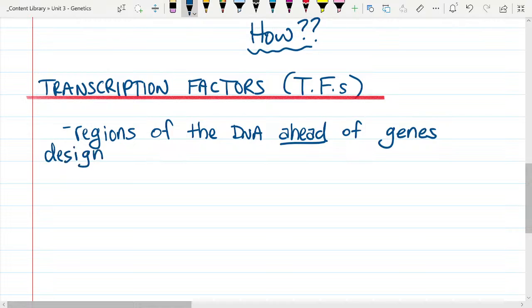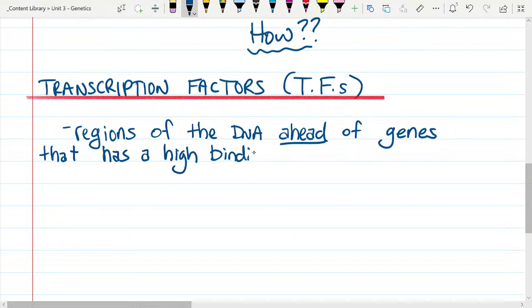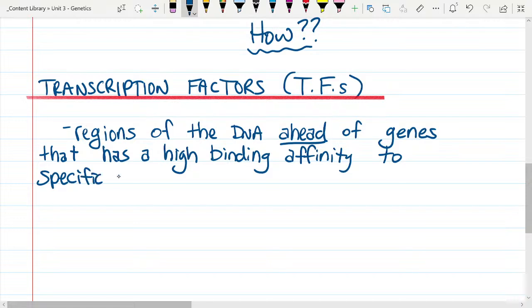Like sort of before, if we're reading in the 5' to 3' direction, before the section that is the gene, there's a section of the DNA that we call a transcription factor binding site, and it's designed, I shouldn't say designed, it has a high binding affinity to specific proteins or RNA factors sometimes.